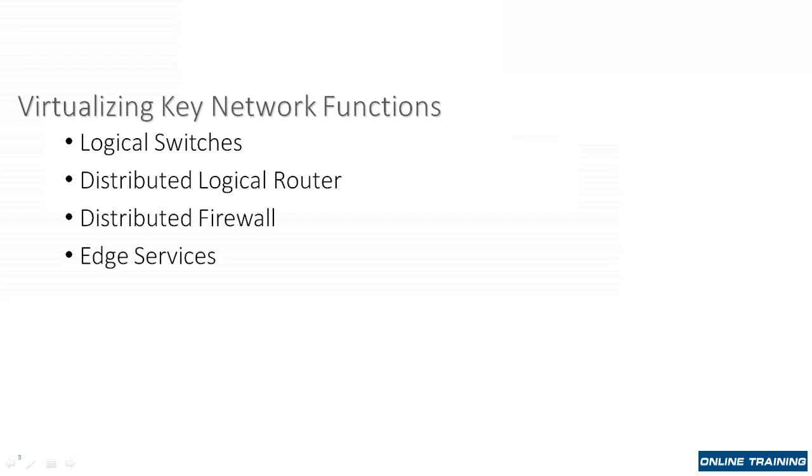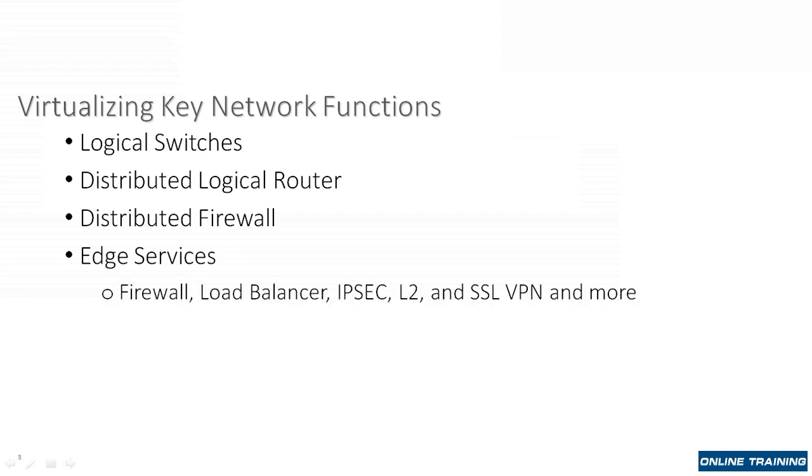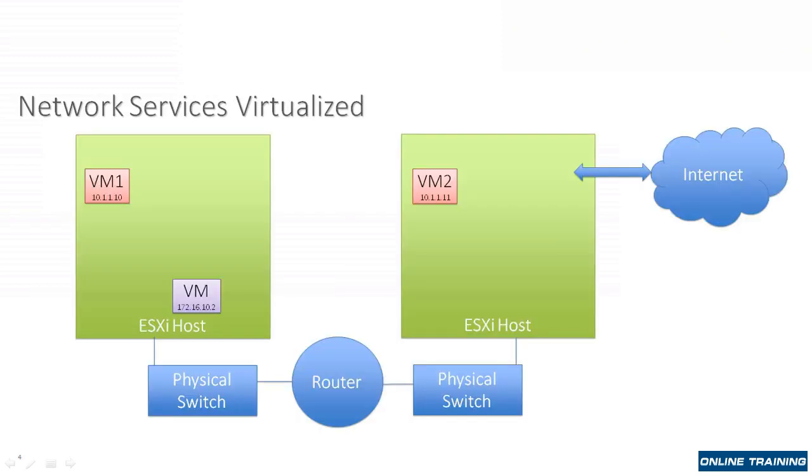There's also all of these edge services like load balancing and VPNs and layer 2 bridges and all sorts of other options that we can provide with edge services of NSX. And it has very tight integration with third-party vendors as well for things like deep packet inspection and intrusion prevention systems and things like that. And so here's kind of a quick look at the NSX overall functionality.